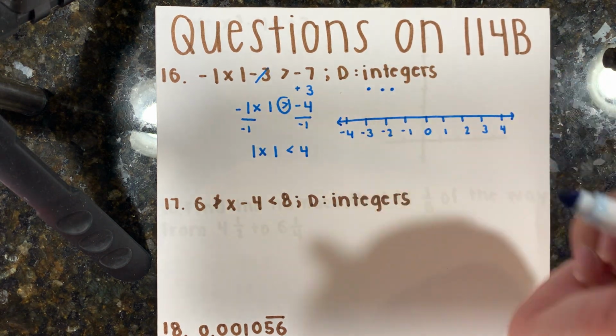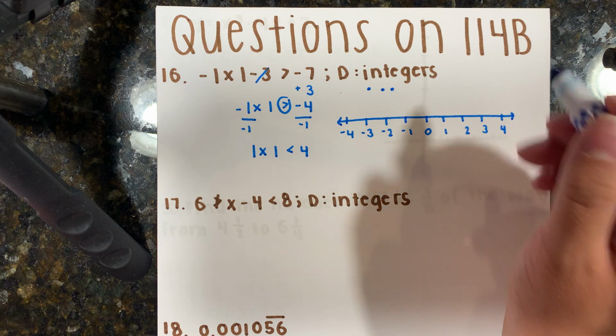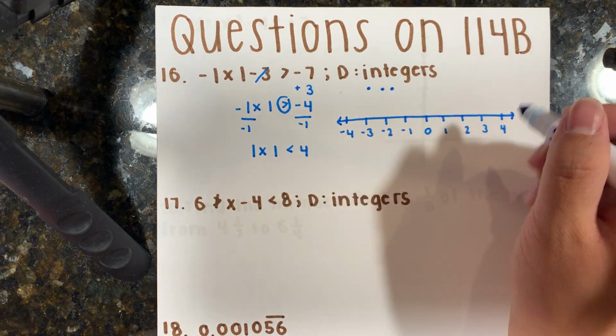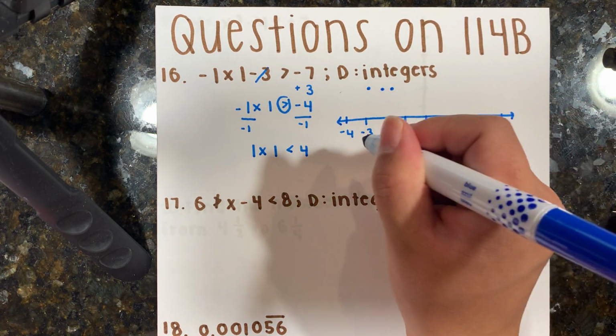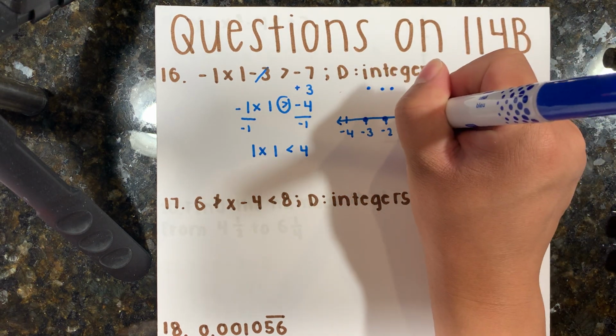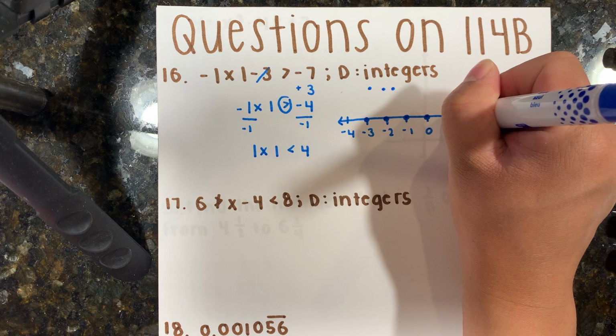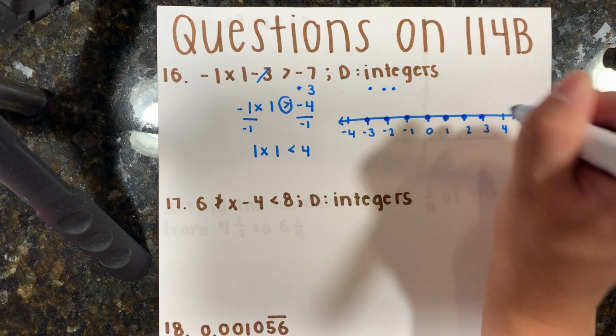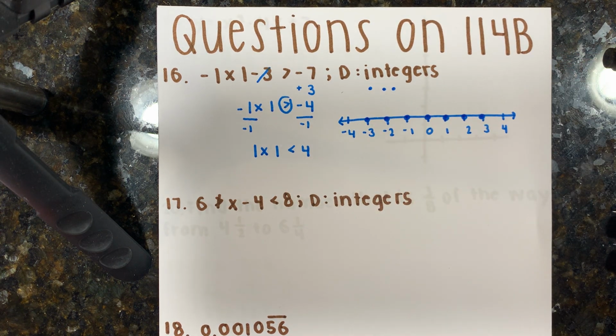There's not going to be a dot there because there's no equal sign under it. And when it's less than, that means you're going to connect the dots between negative 4 and positive 4, which means that we will be filling in every dot between negative 4 and positive 4, but not filling in positive 4. And that is your result.